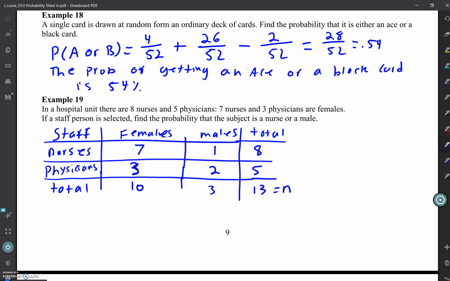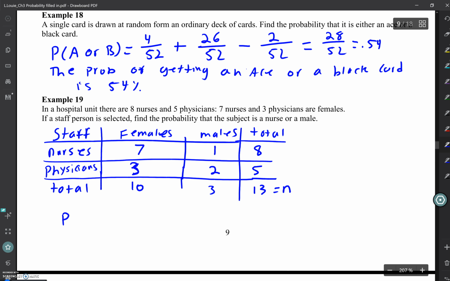So then I want to actually find the probability that a subject is a nurse or male. So this is still my OR probability. So I'm going to say probability they are a nurse or male. So first off, what's the probability that they are a nurse? How many of them are nurses? 8 out of my total 13. Then, what's the probability that they're male?